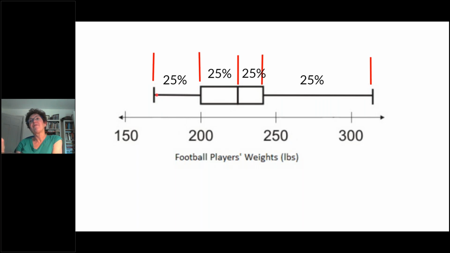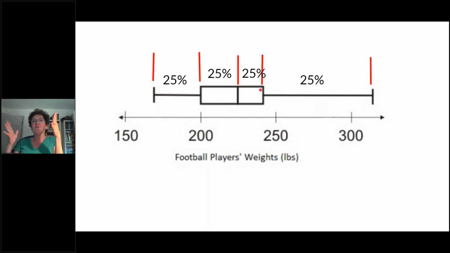It just tells me whatever the total number is, 25% of that belongs from here to here. And 25% is contained from here to here. So if this part of the box is 25% and this part of the box is 25%, then together the box represents 50% of my total numbers.